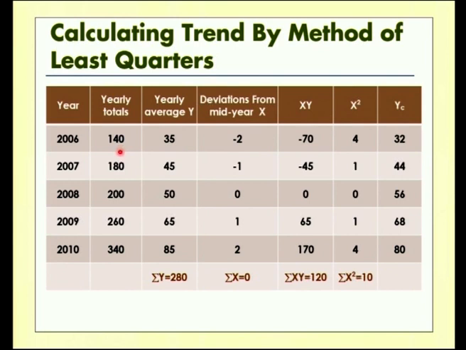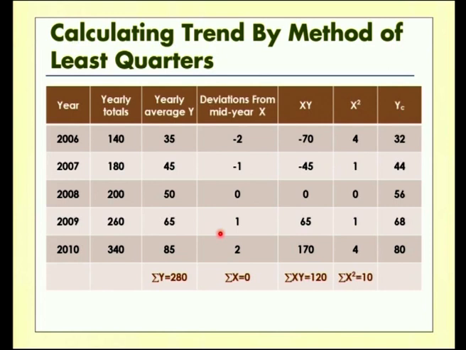So, 140 by 4 is equal to 35, 180 by 4 is equal to 45, similarly 200 by 4 is equal to 50, and the sum of yearly averages, summation y, is 35 plus 45 plus 50 plus 65 plus 85, which gives you 280.